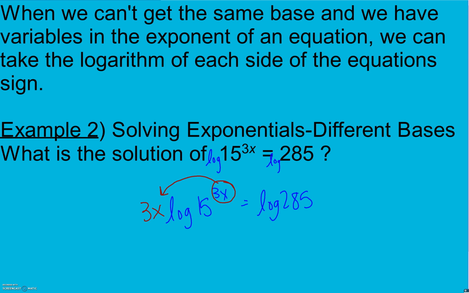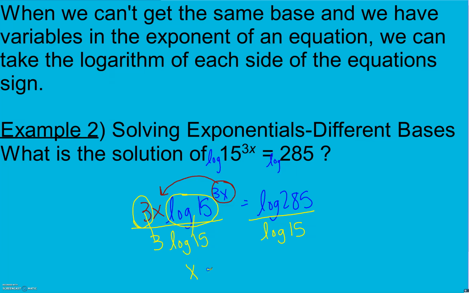Now, to get my x by itself, I've multiplied by 3 and I've multiplied by log of 15. So to get rid of multiplication, I divide. And whatever I do to one side, I do to both. Those cancel, those cancel.